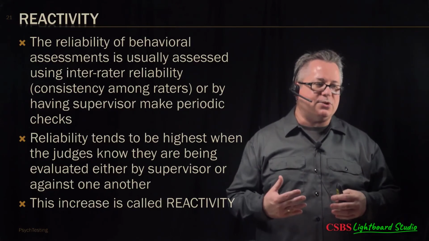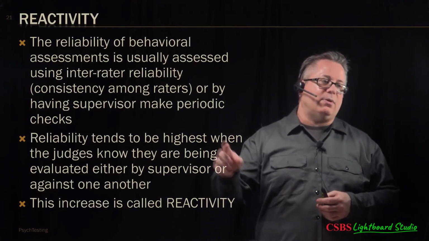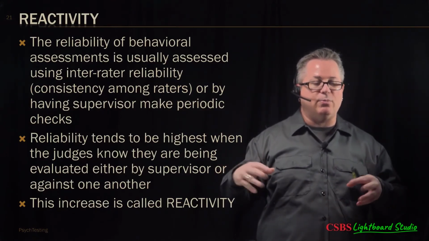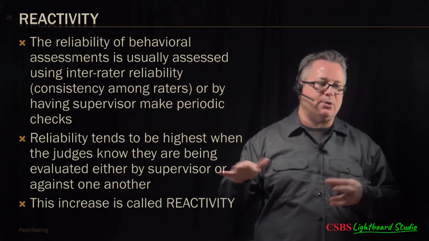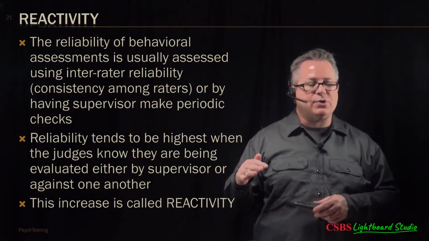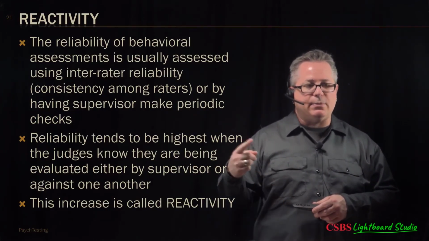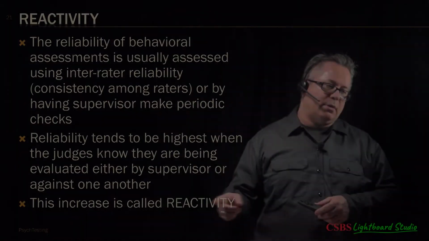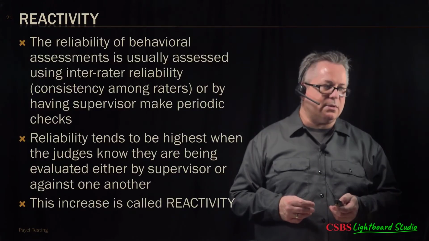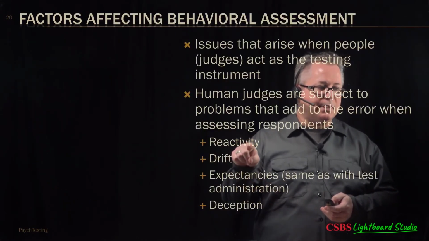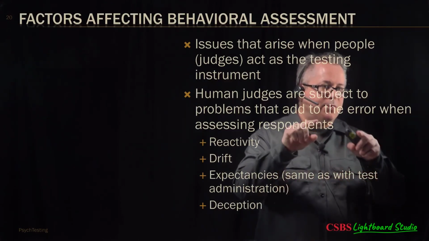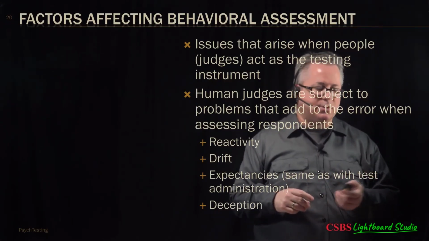I'm going to pay more attention. I'm going to have less drift. So inter-rater reliability tends to be higher when the judges know that they're being supervised. They know someone's watching them to make sure they're doing it correctly. So even just having someone come in and do periodic checks will help keep their inter-rater reliability higher. This is part of that reactivity. Before I was talking about how people can get emotionally invested and change the way they view the targets because of this reactivity.